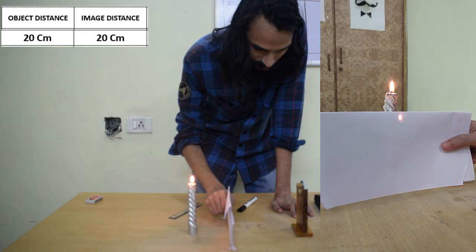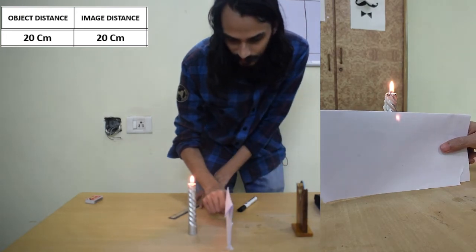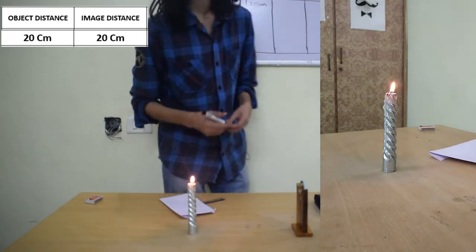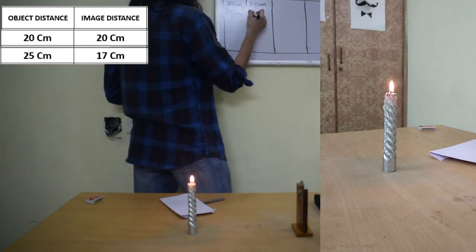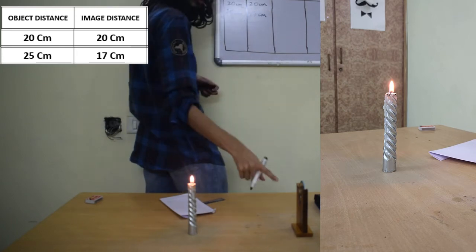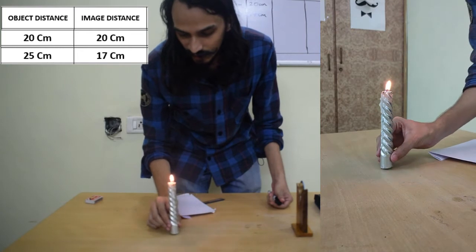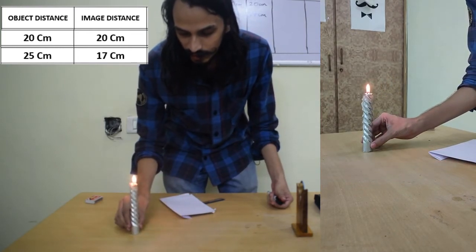I think this is the clearest image I can find, right? This is somewhere about 15, this is 17 centimeters. So the object is at 25 centimeters, my image is at 17 centimeters from the mirror. In the same way, I'm going to keep moving the object further back. So right now, let me put it at 40 centimeters.